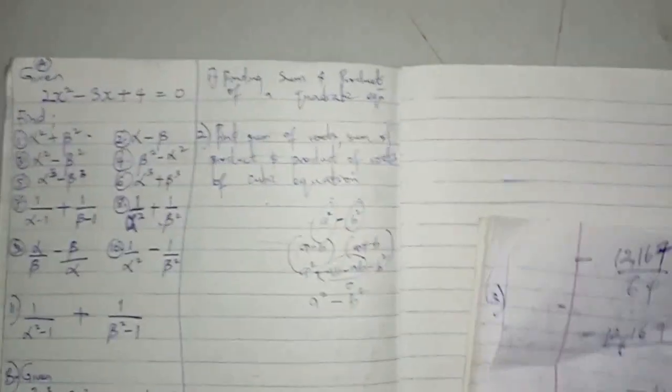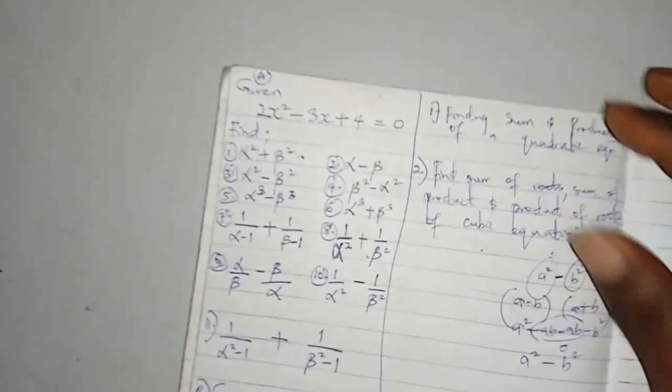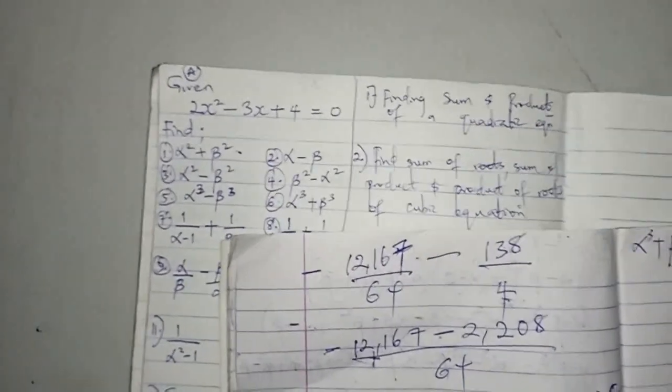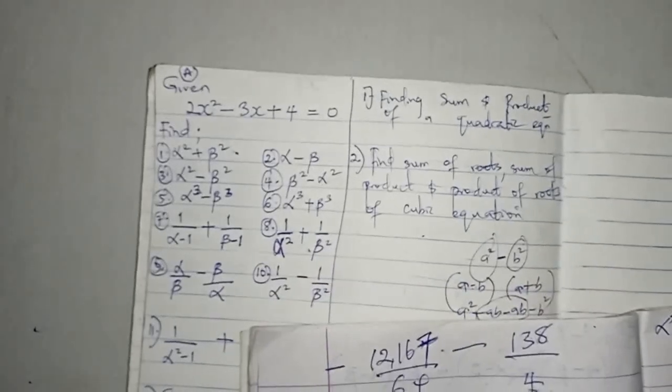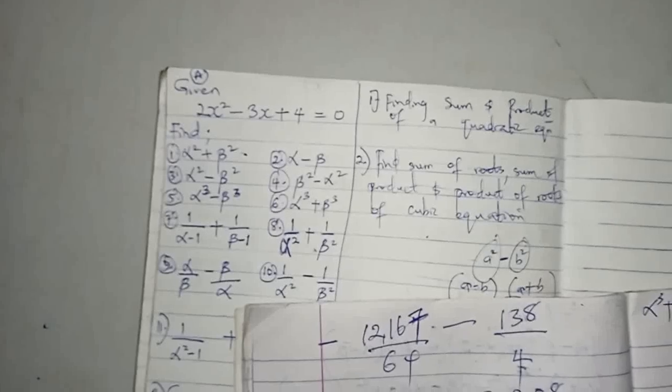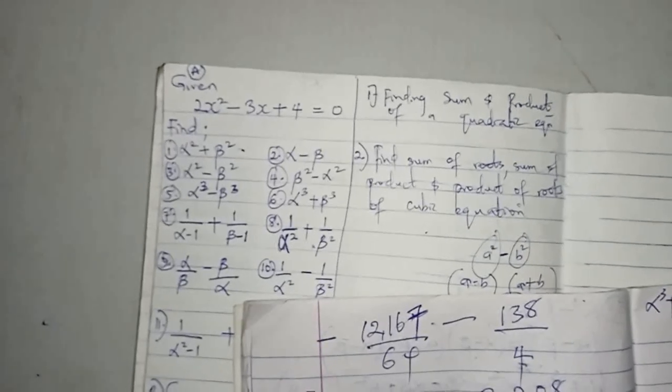Alright, so let's move to the next part. The next one says we should find 1 over alpha minus 1 plus 1 over beta minus 1.